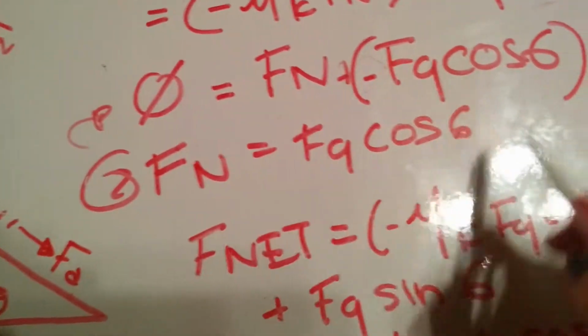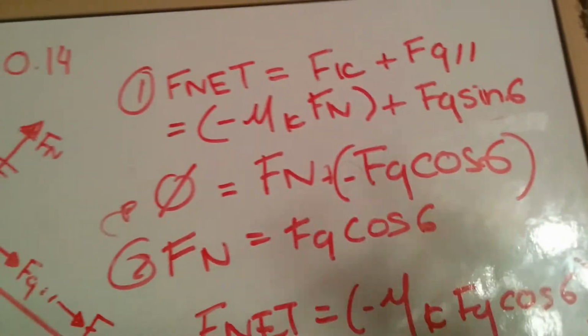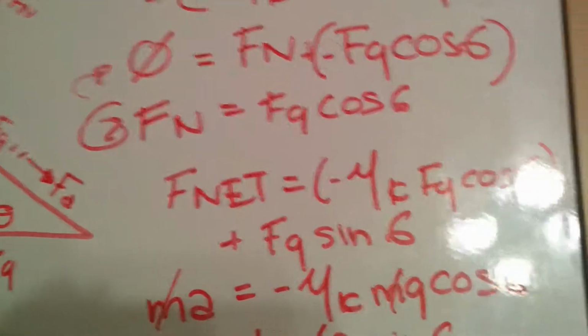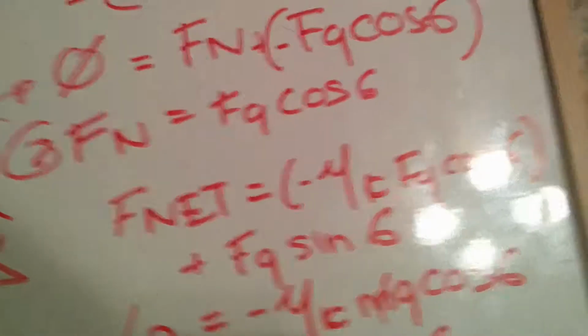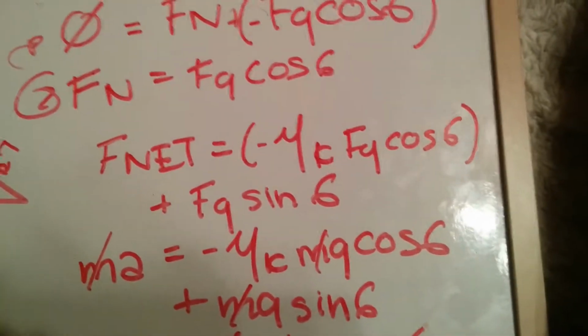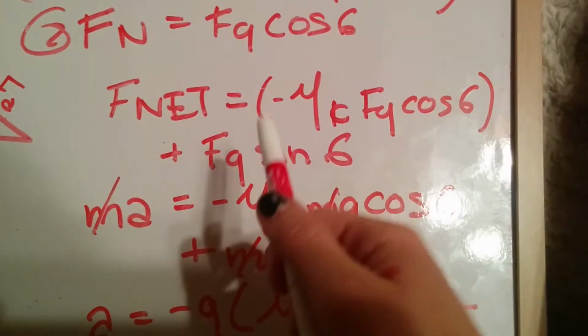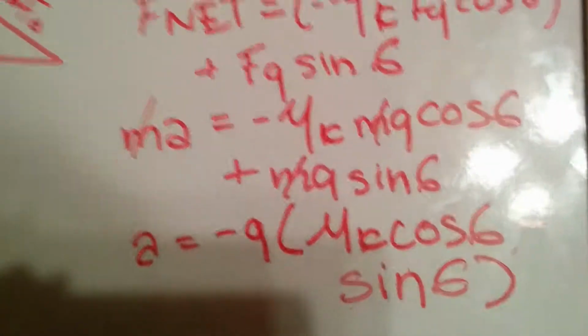So what we're going to do is put the value of Fn that we got, which is Fn equals Fg cosine of 6, into our first equation right here. And what we get is F net is equal to the negative coefficient of kinetic friction multiplied by the force of gravity multiplied by cosine of 6, and in turn all of this is added together with the force of gravity multiplied by sine of 6.